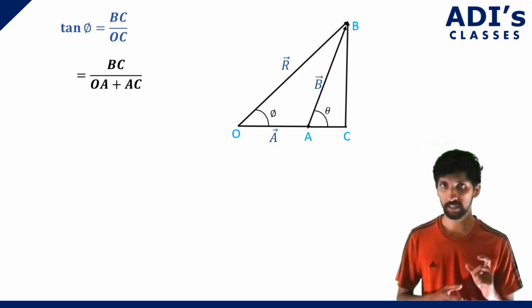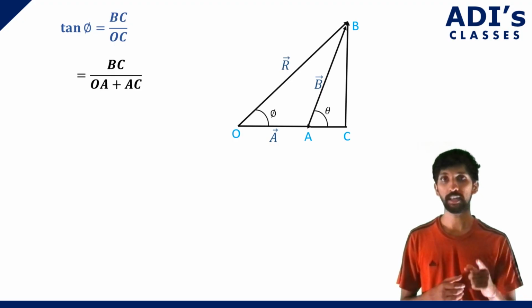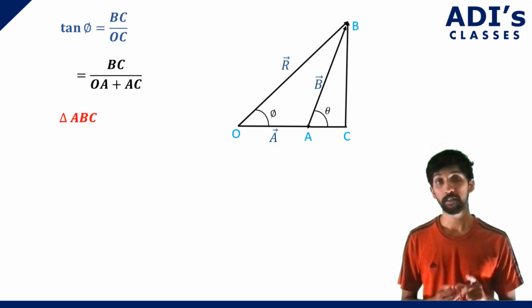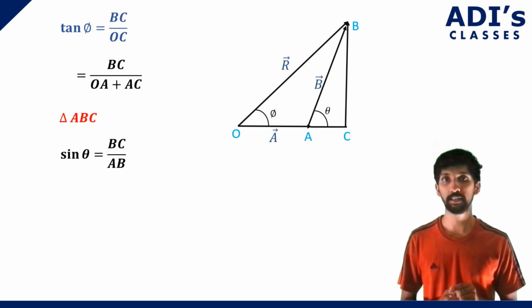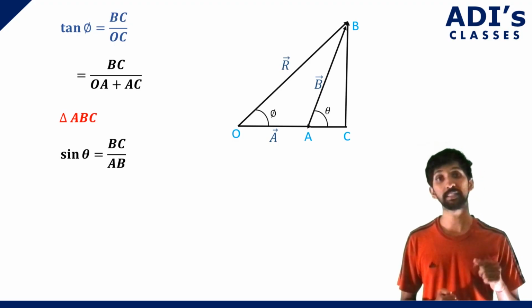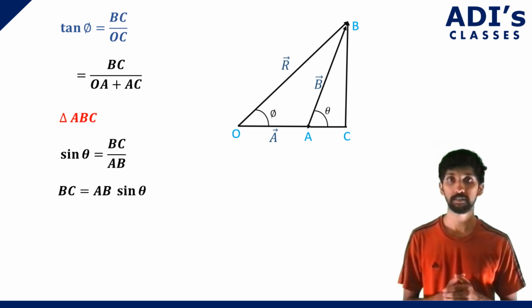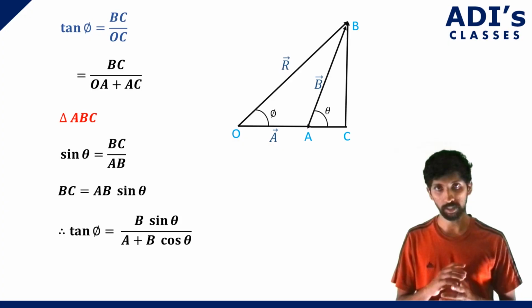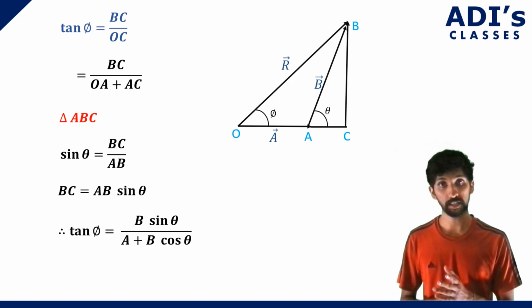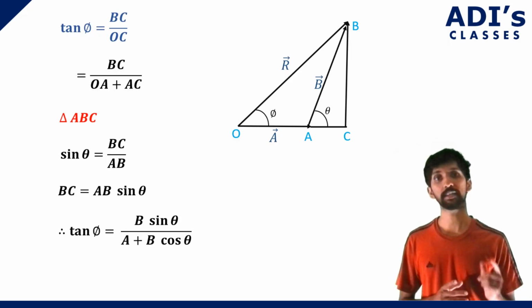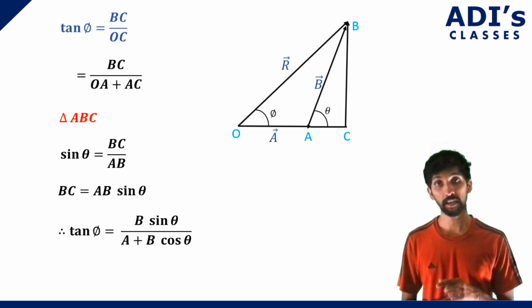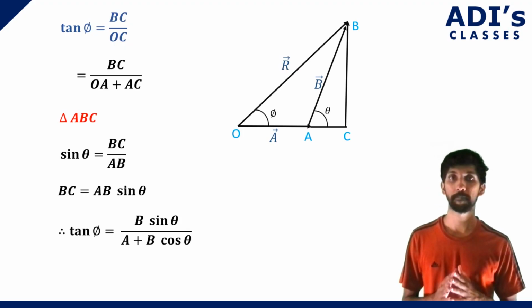Now we need to calculate BC. In triangle ABC, sin theta is BC by AB, correct? So BC is equal to B sin theta. Substitute, and we get tan phi equal to B sin theta by A plus B cos theta.